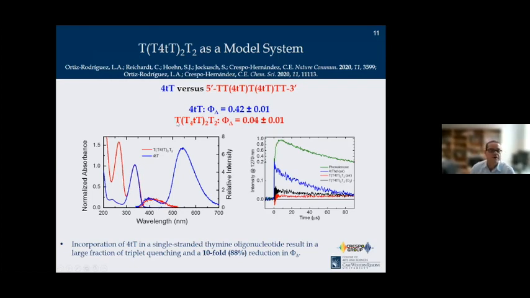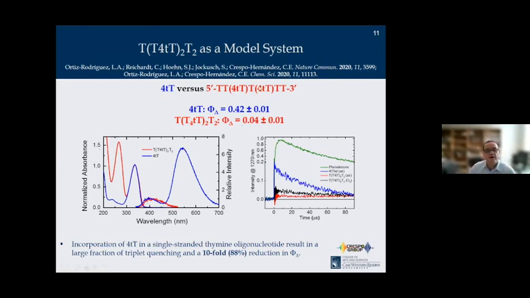Here I'm also showing the emission spectra. This is all color-coded. And so for the monomer, you see two emission bands. We have shown before that this is due to fluorescence emission, while this significantly Stokes-shifted band is due to room temperature phosphorescence. So the triplet state is populated in such high yield that we can even detect room temperature phosphorescence in this molecule, which can be quenched by oxygen and so on.